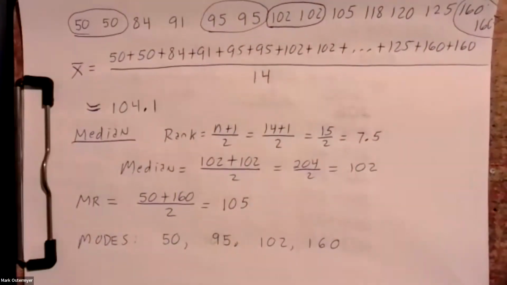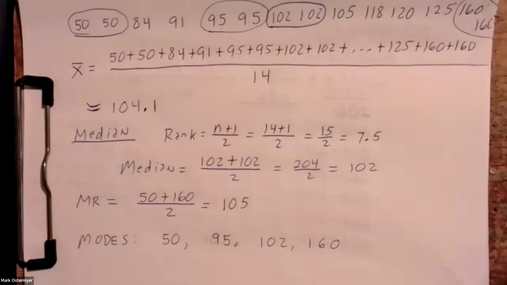Is that true? It looks like this data set has 4 modes. So we would say it's multimodal. I've never seen any textbook where it was coined as being quadmodal. We just call this multimodal, right?